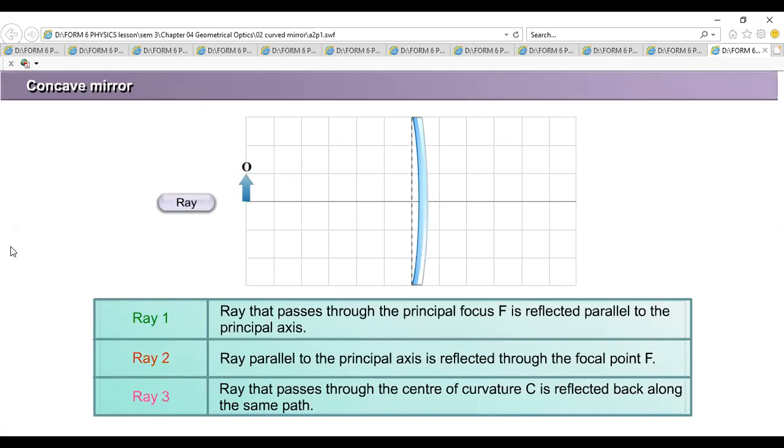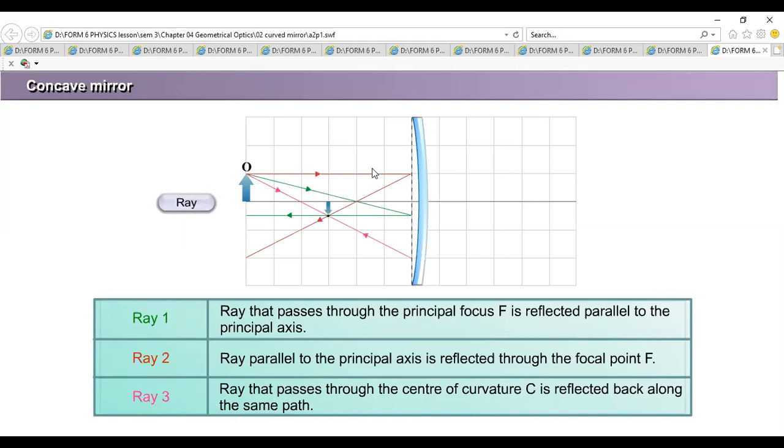How do we draw the light ray? First, a light ray directed to the mirror. The first line is green, red, and pink color.